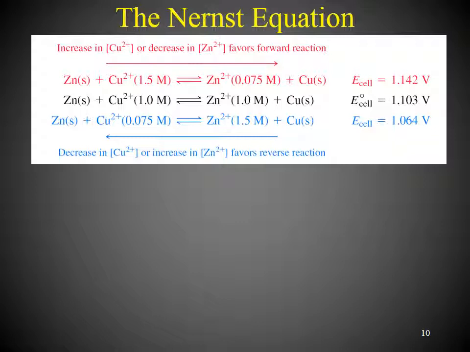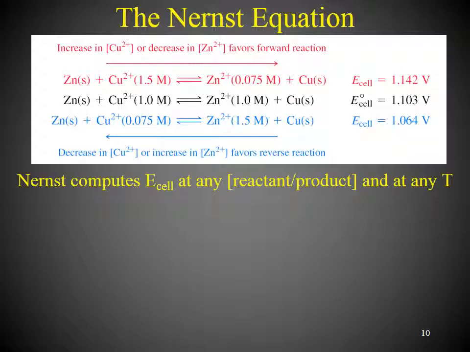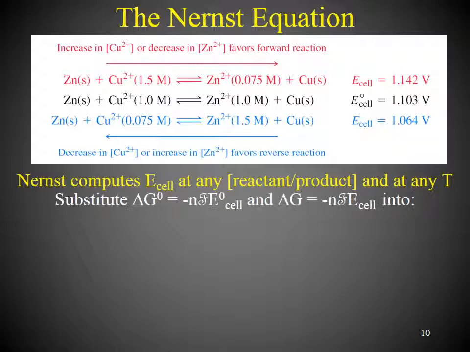So this could be easily predictable, not the value, but the direction in which the reaction would shift, from Le Chatelier's principle. But what the Nernst equation does, essentially, is it computes the cell voltage at any concentration of reactant or product, and at any temperature. So how do we derive that?